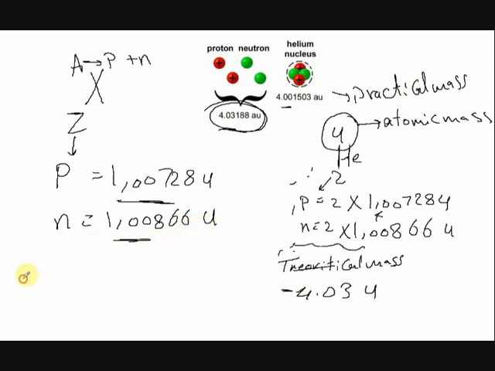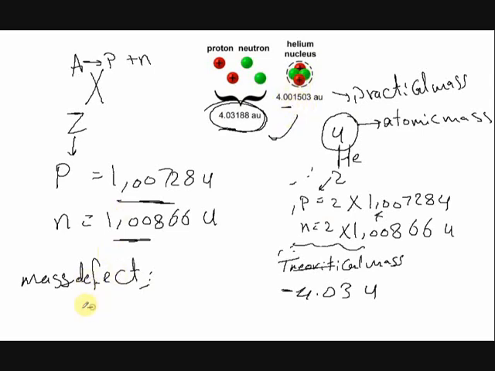This difference, or mass defect, is used by the nucleus to make the binding energy, the binding between the components of the nucleus with each other.